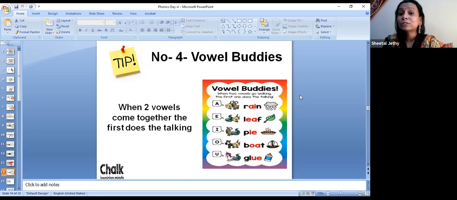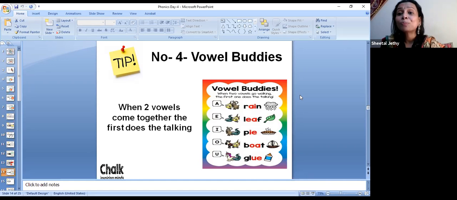Let's come to tip number 4, vowel buddies. Whenever there are two vowels walking together in a word, we usually teach it to the children like this: two vowels walking together, the first does the talking, the second is always silent.